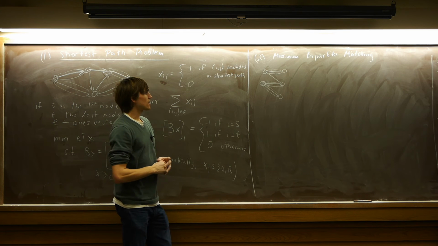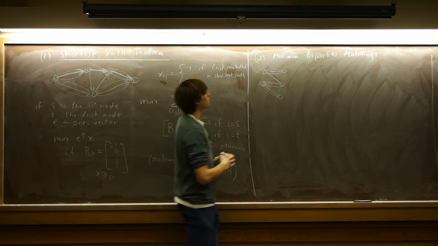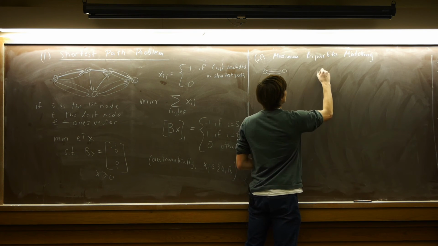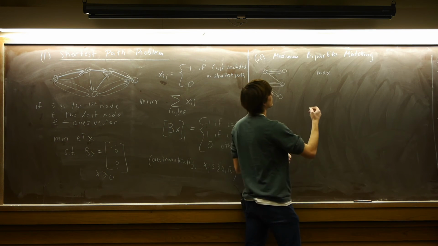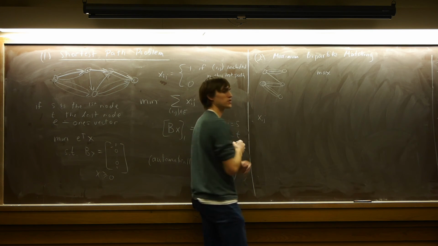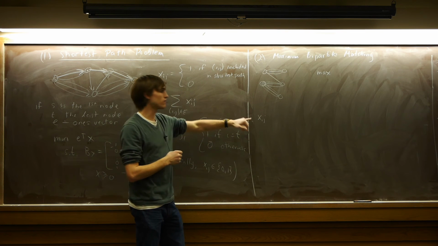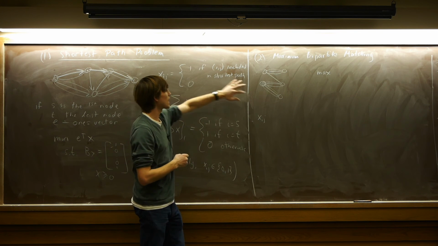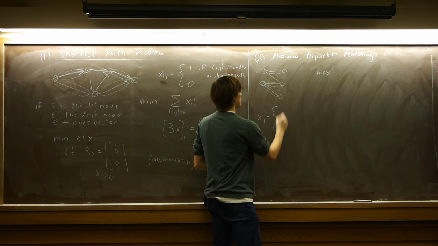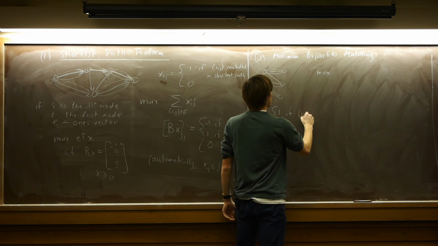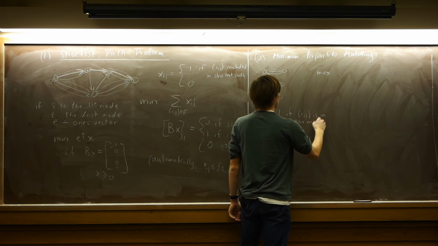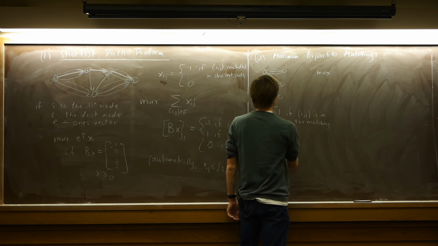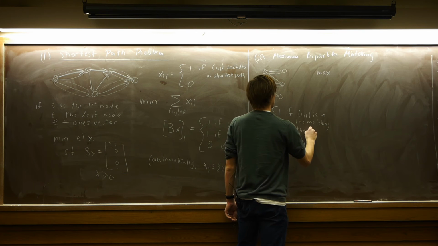And the common way to set this up as an optimization problem is we're going to maximize the xij's, pretty much the same thing as before. There's an indicator vector for all of the edges, and it's a 1 if edge ij is in the matching, 0 otherwise.